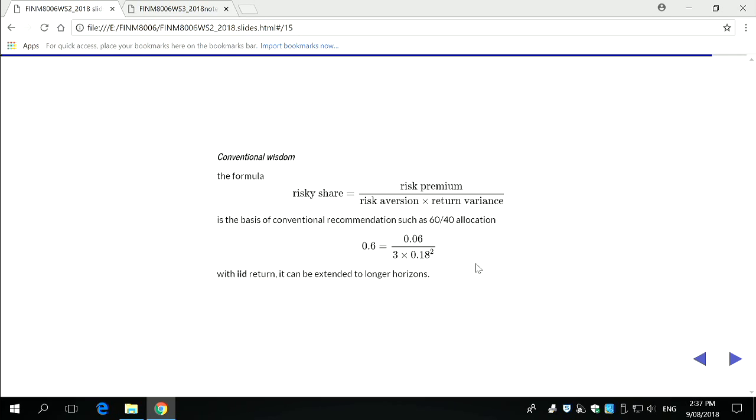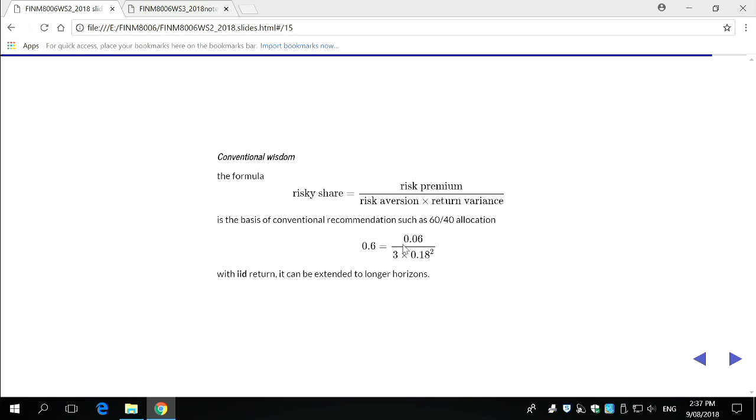All right, so if you go to an investment bank and you're doing some sort of investment advising, a lot of times they advise their customer, if you ask them how much should I put in the stock and how much should I put in treasury? They will recommend, maybe you should put 60% in the stock and 40% in risk-free assets like treasuries. Where do they get this number? They get this number from here.